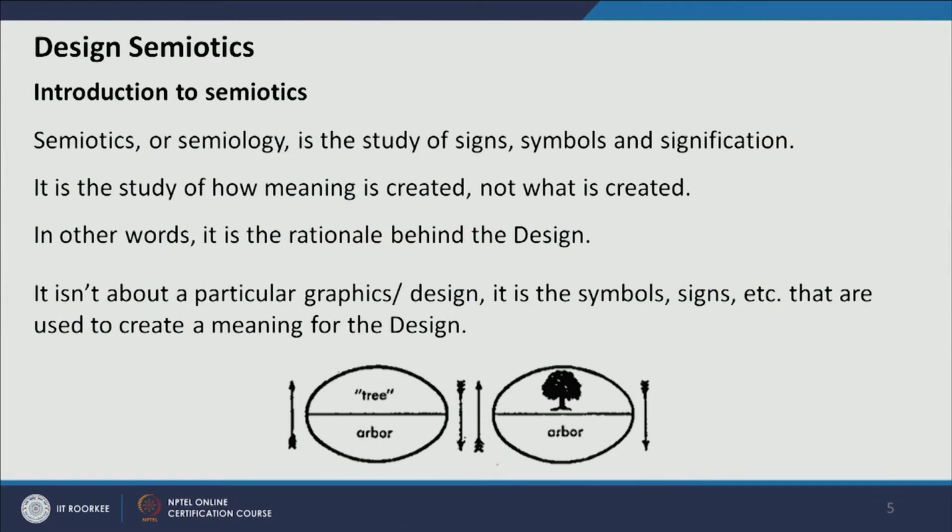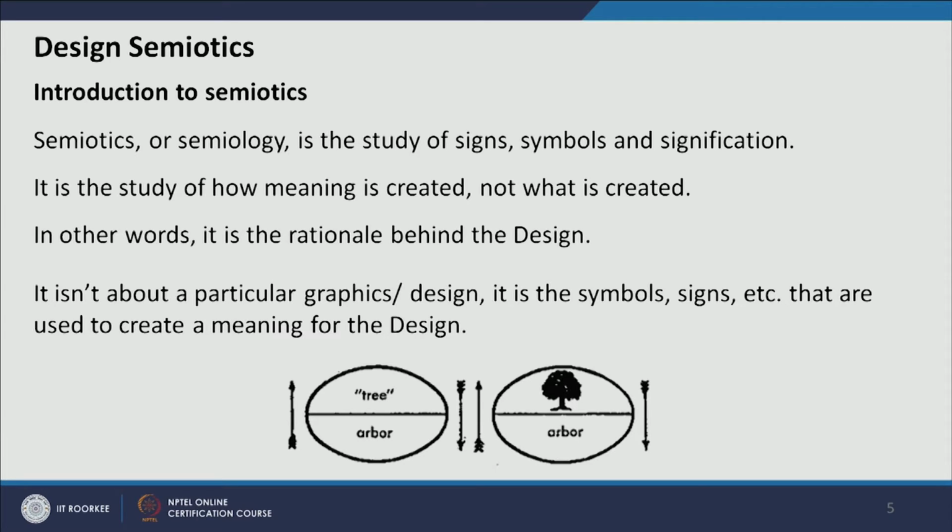For example, in the first part of the diagram, it's written 'tree'. When we read the word, if somebody knows the language in which it is written, a visual image of a tree comes into people's mind.